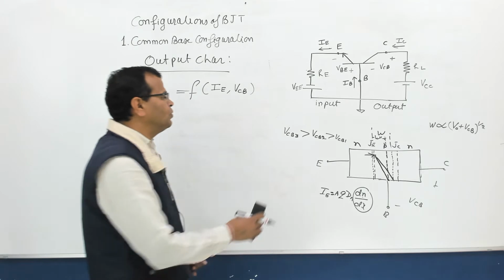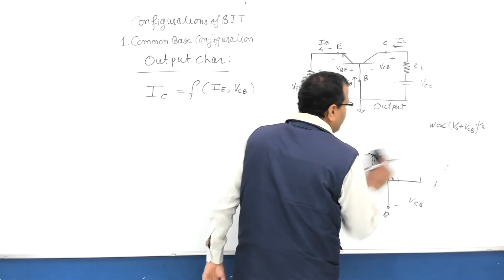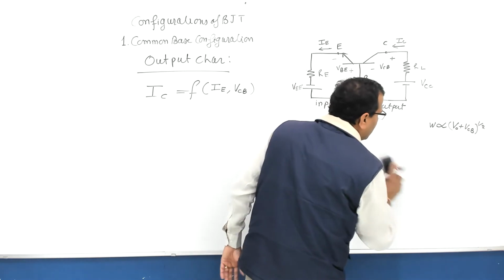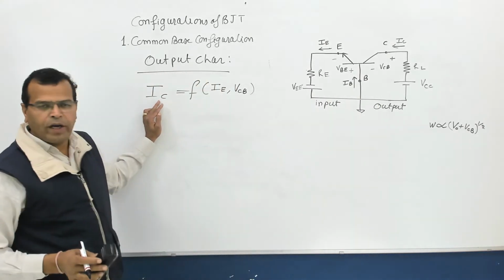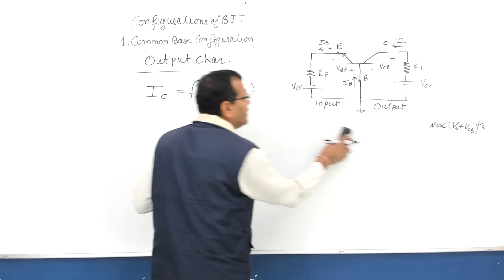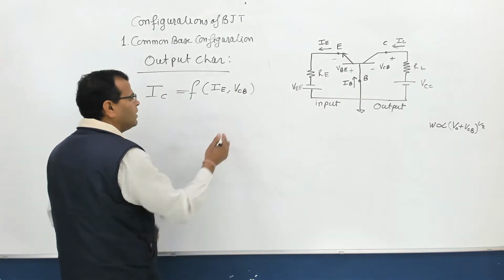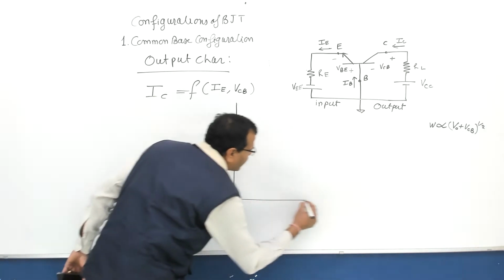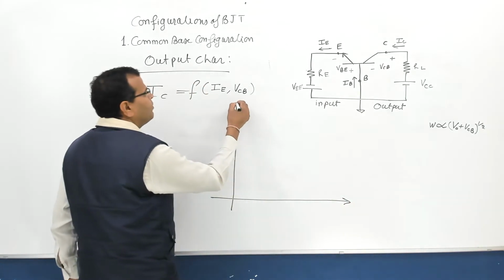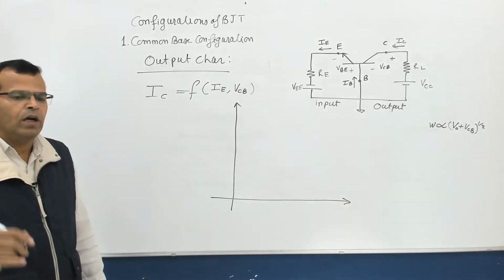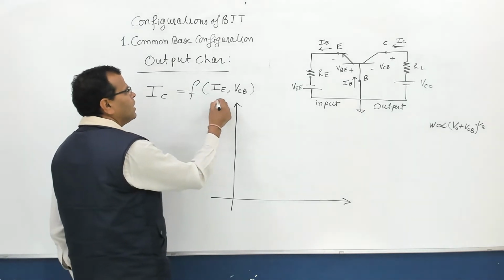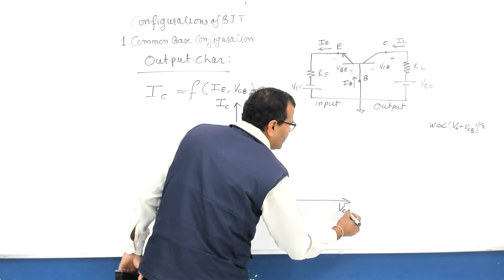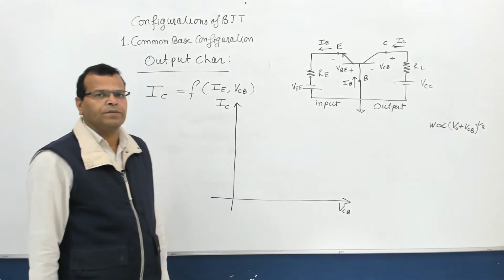So let us see the output characteristic of common base configuration. Here again I will be taking the current on y-axis as per the convention of mathematics. So this axis will be your input axis, this axis will be your output axis. So this is IC and I will be taking VCB on x-axis. Fine.